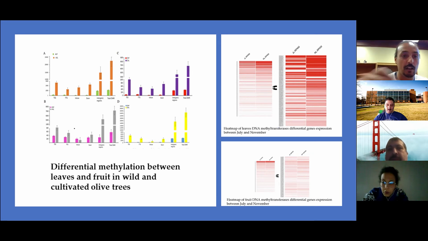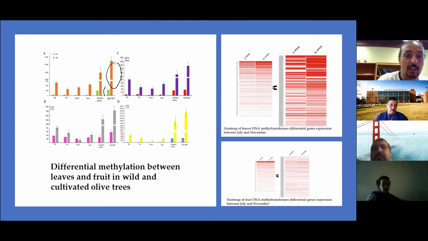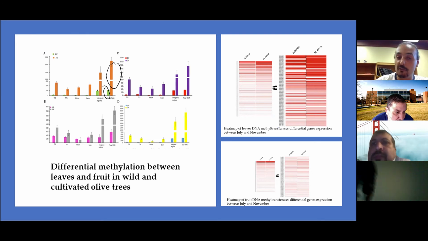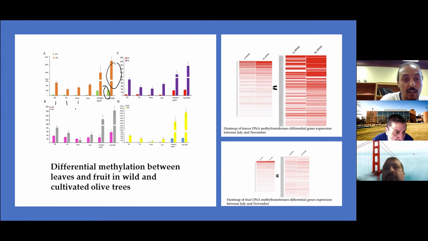If you can see it right here, the orange is the leaf samples, and the greens are the fruit samples. We have different genomic features. We're starting at the transcription starting site, transcription termination site, introns, exons, and the intergenic regions.